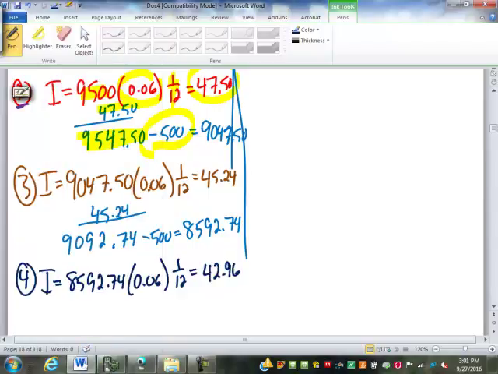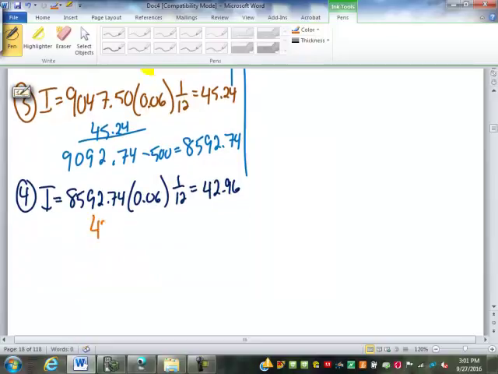So we're going to add that on. So $8,635.70. We subtract a $500 payment. $8,135.70 is where we're at.